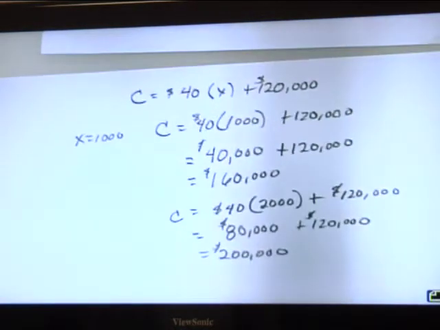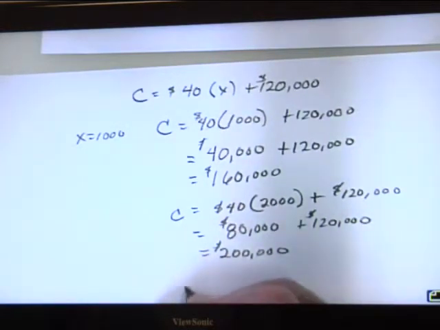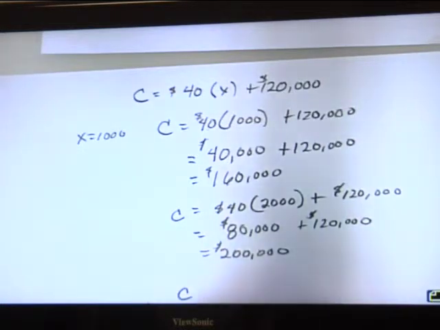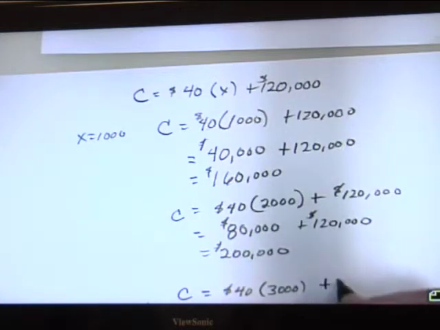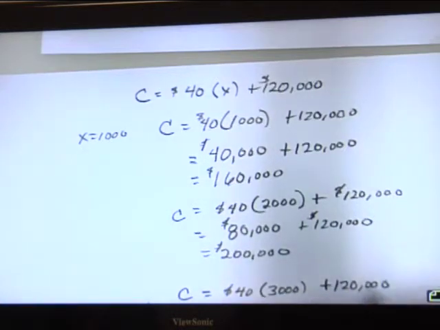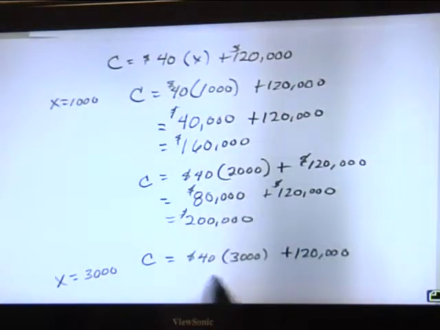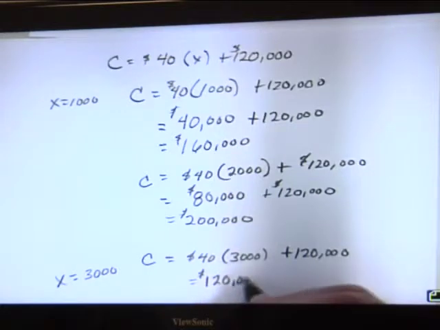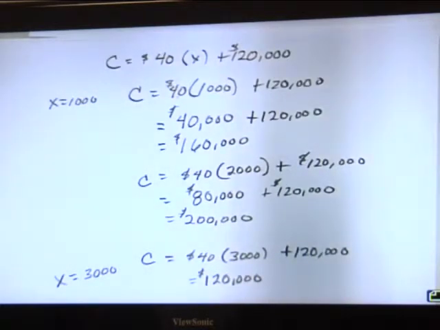I'll calculate one more of these for us. When X equals 3,000, C is going to equal $40 times 3,000 plus 120,000. 40 times 3,000 equals $120,000. You all can do that in your head, can't you?